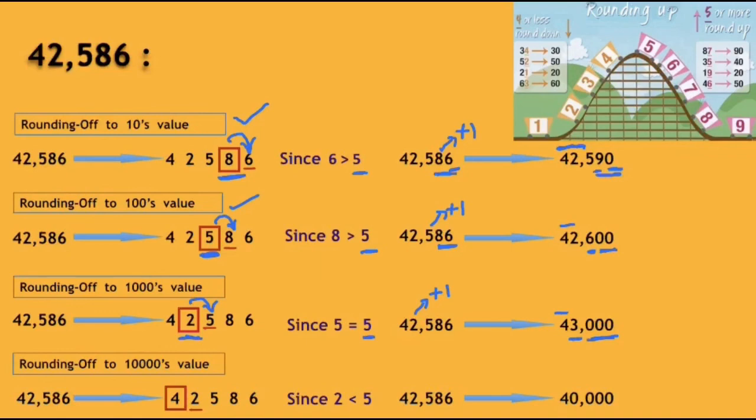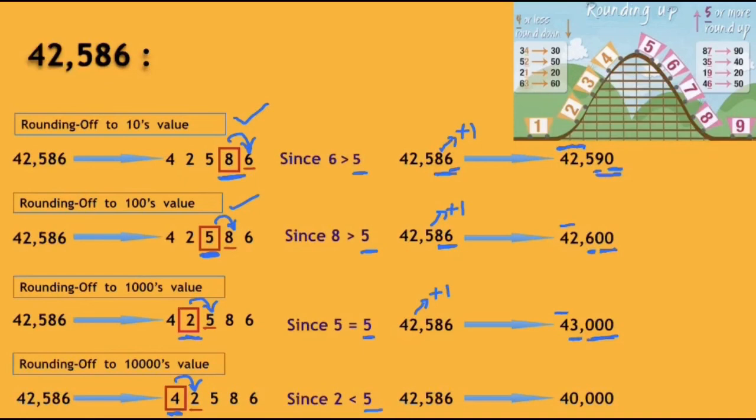Now we are rounding off to 10,000's value. Identify the 10,000's place value. Check the immediate right side number. Compare the number with 5.